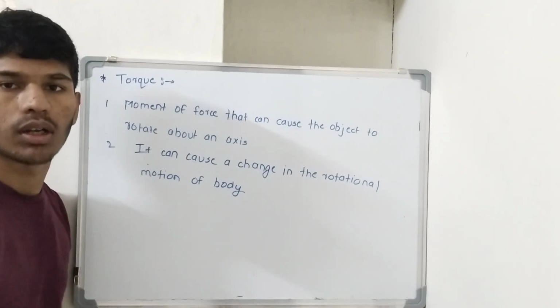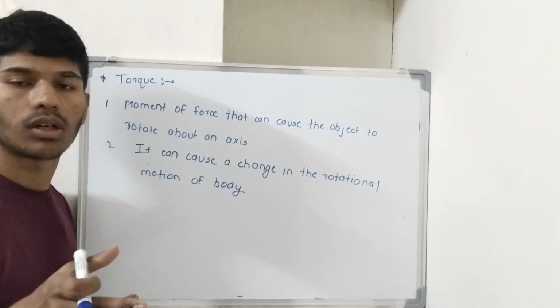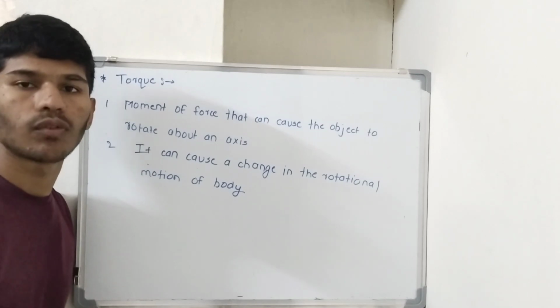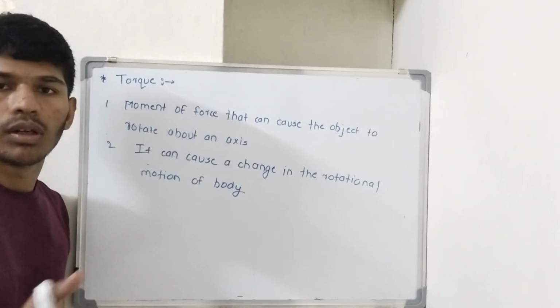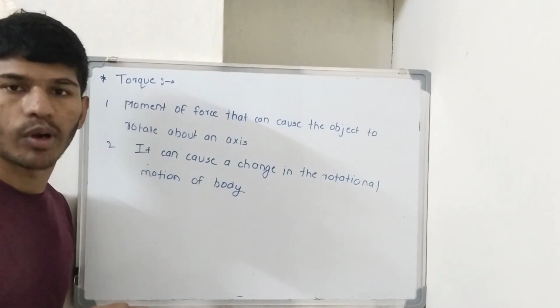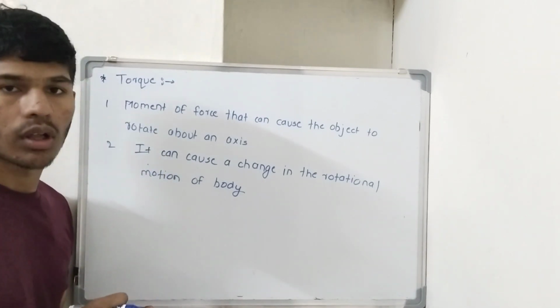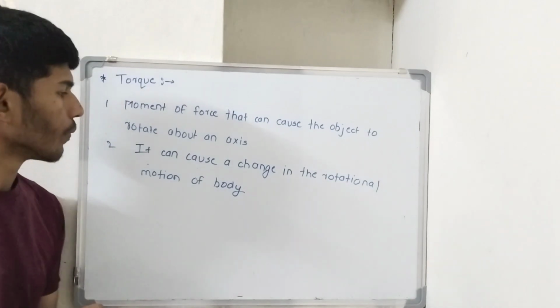That is basically the torque, and the basic term for the torque is moment of force. So in terms of moment of inertia we called it moment of mass, and in terms of torque it is called moment of force.